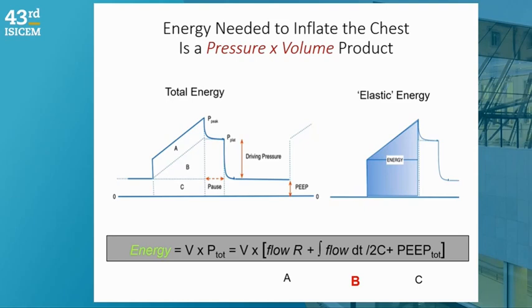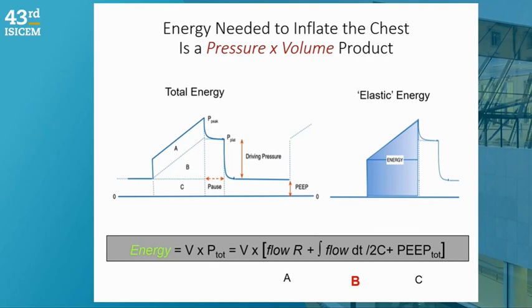Energy is needed to inflate the chest, and it is a pressure volume product. So if we look at constant flow ventilation, the horizontal axis becomes the volume axis, and the airway pressure axis has a flow resistive component A, a driving pressure component B, and a PEEP related component C. A, B, and C together accumulate to the inspiratory energy that's elastic in the energy equation.